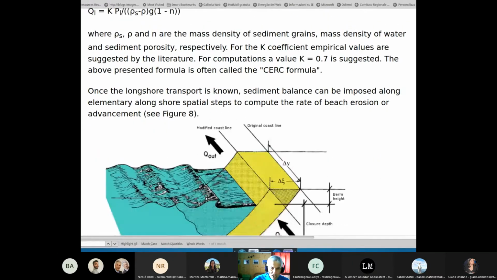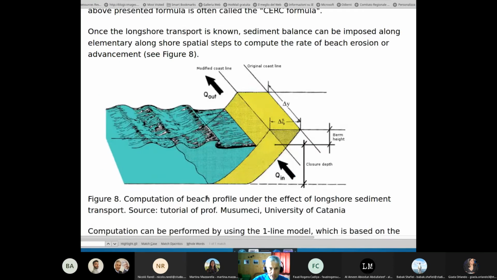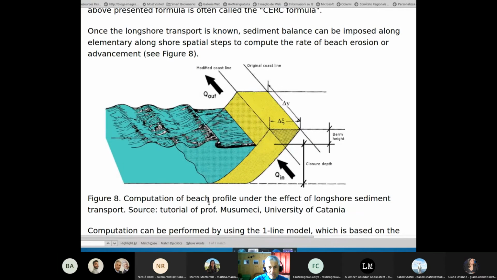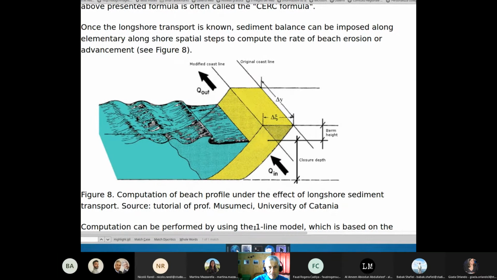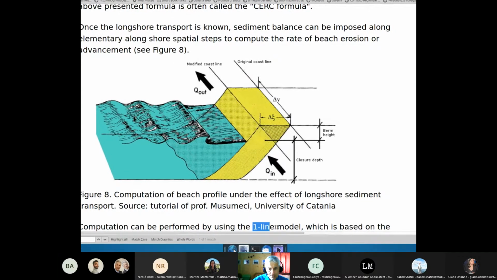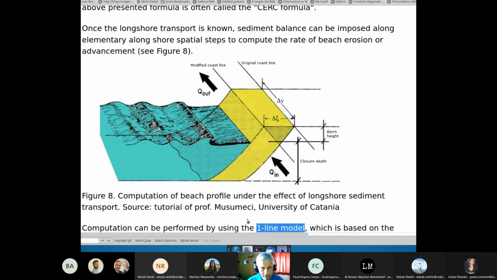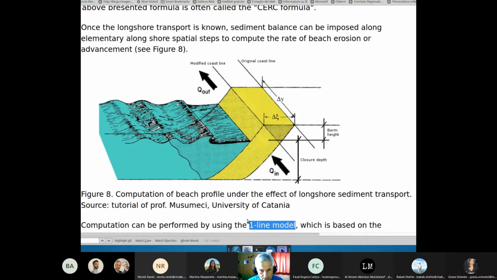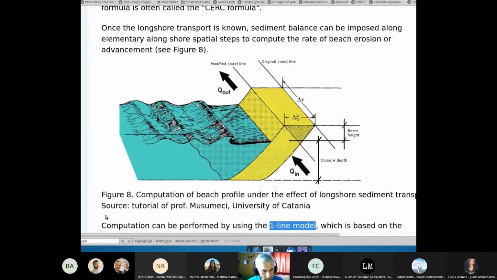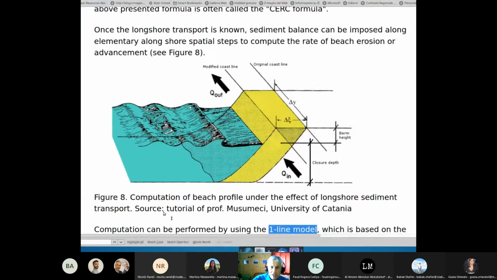Here, there is a sketch of a very simple model, and this very simple model is called the one-line model. Now, let me explain how it works.